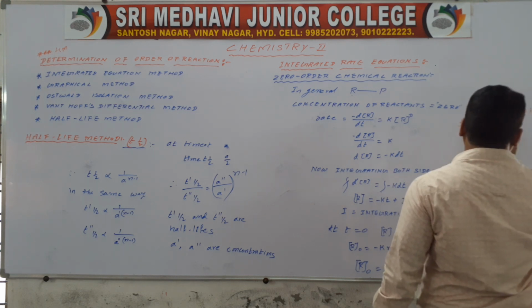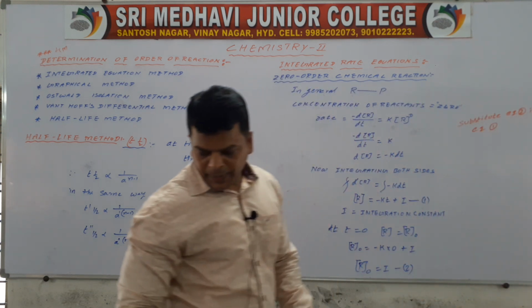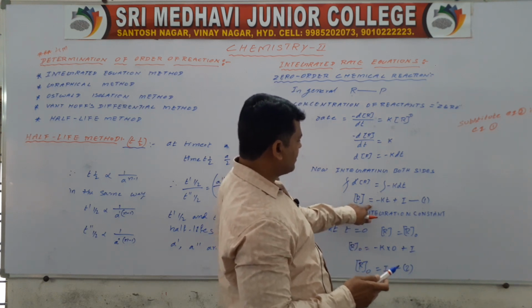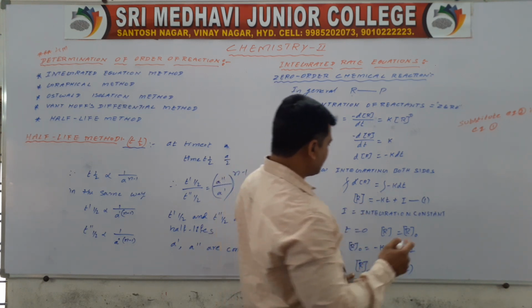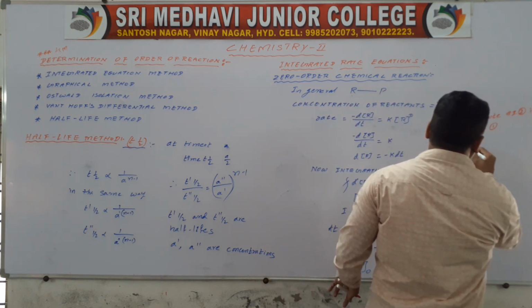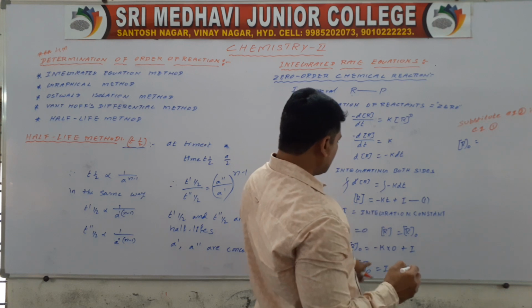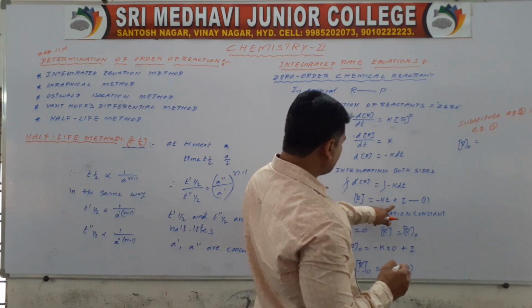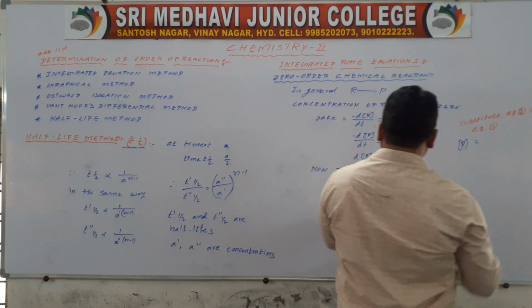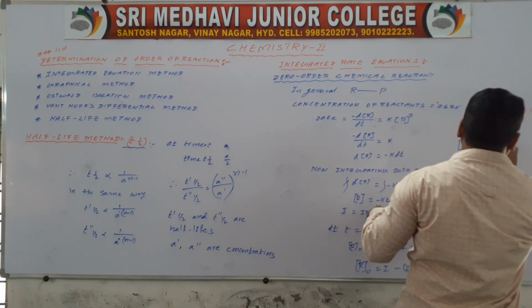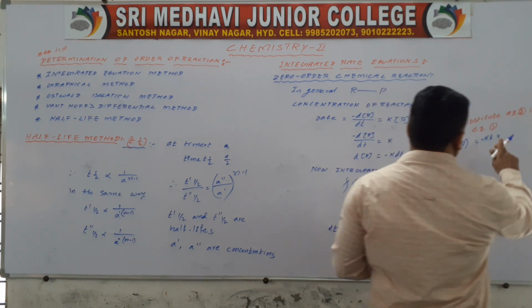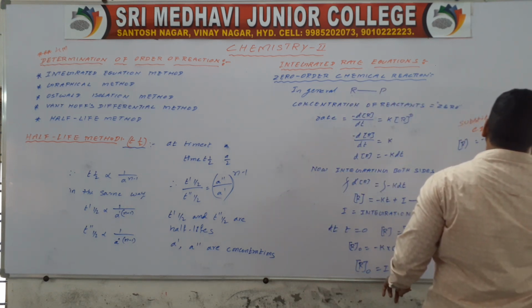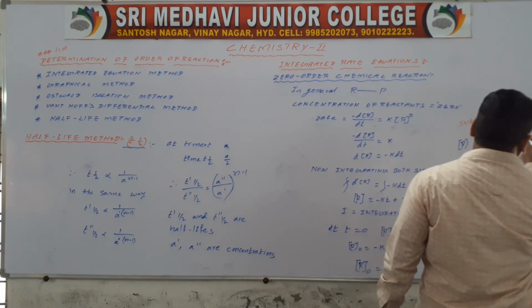In the place of I, I am writing [R]0. So [R] equals minus kt plus [R]0.